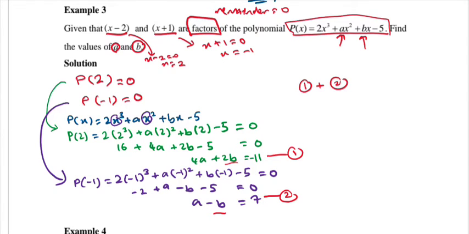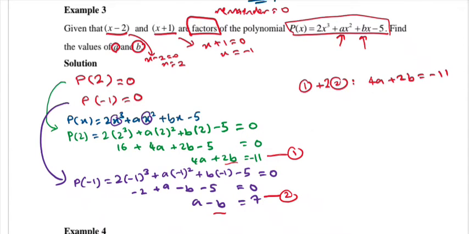But since in equation 1, b is 2b, and in equation 2, b is negative 1b, to eliminate the b, I have to multiply equation 2 by 2. Now I write down my first equation on top, and below it my second equation multiplied by 2.